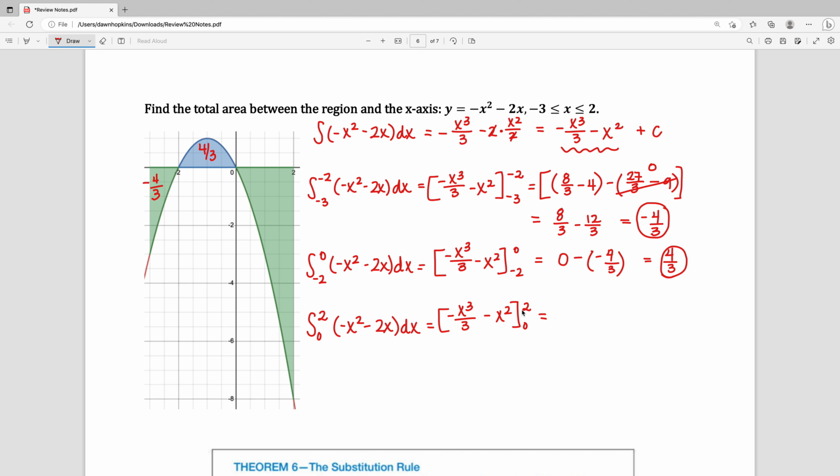We end up with -8/3 minus 4. And when we put in the 0 for x, like before, it's just a 0. So it would be minus 0, doesn't impact anything. So in this case, we have -8/3 minus 12/3. So the area is -20/3.